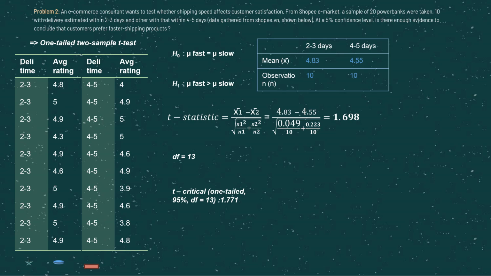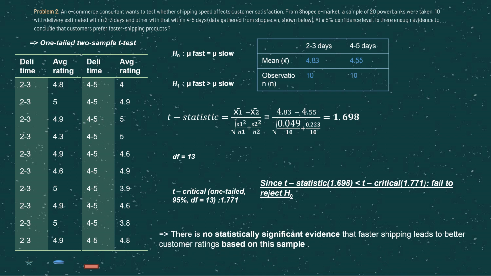And since the t statistic value is not greater than the t critical value, we fail to reject the null hypothesis, and we conclude that there is no evidence to support that the shipping time would lead to better rating based on this sample actually.